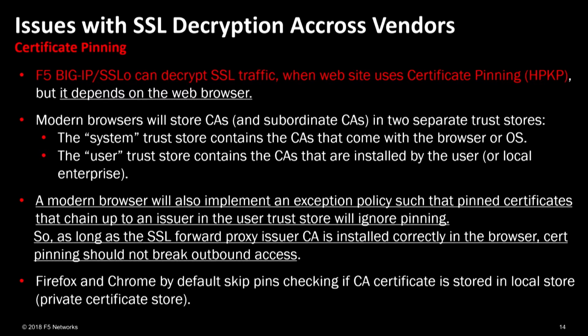Why? Because it depends on the modern browser implementation of certificate pinning. Chrome and Firefox, by default, will skip the checking of certificate pins if the certificate is stored in the local store or private store of the certificate.